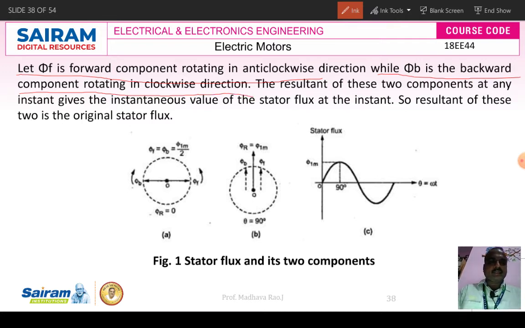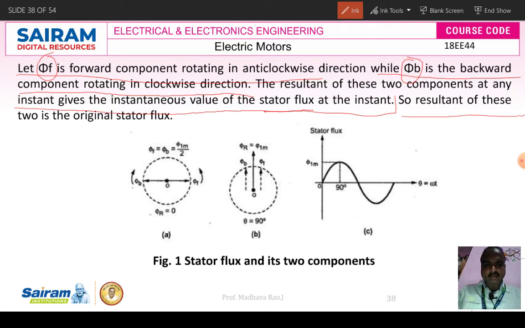The resultant of these two components at any instant gives the instantaneous value of the stator flux at that instant. The summation of phi f and phi b will be equal to the stator flux inside the single phase induction motor, which we can call the original stator flux.